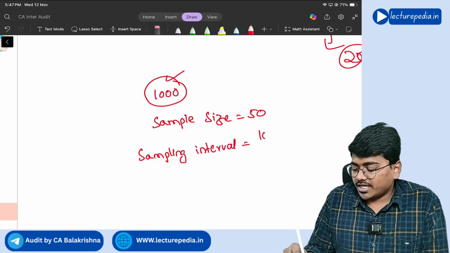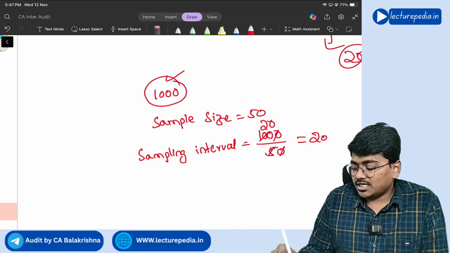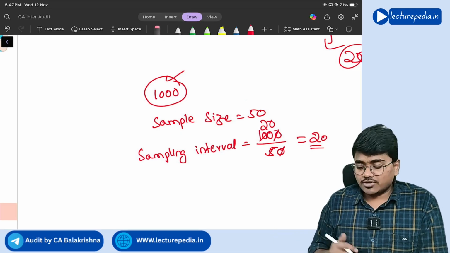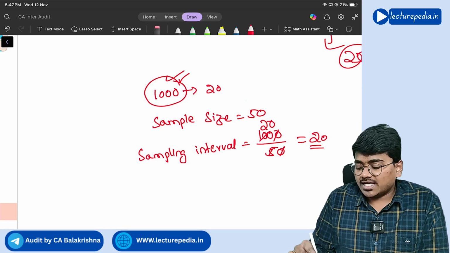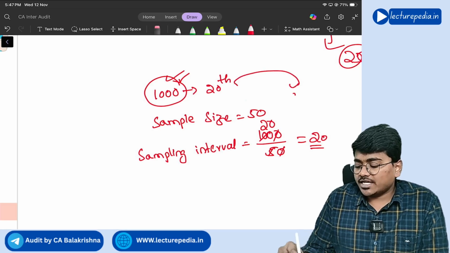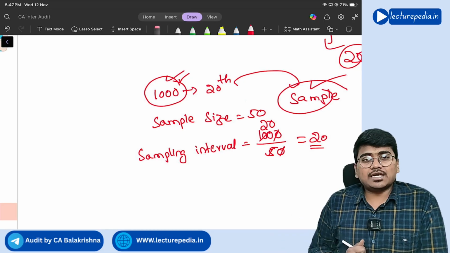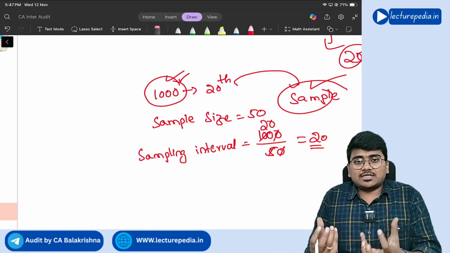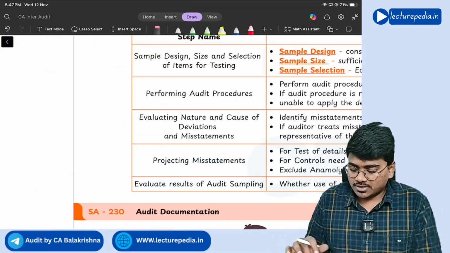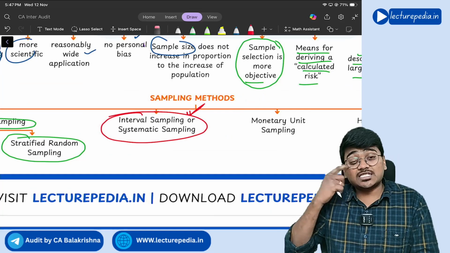So the sampling interval will be 1,000 divided by 50, so 20 is the sampling interval. So from this 1,000, every 20th item you will take into the sample. This is nothing but interval sampling, or systematic sampling you can call. Got it?